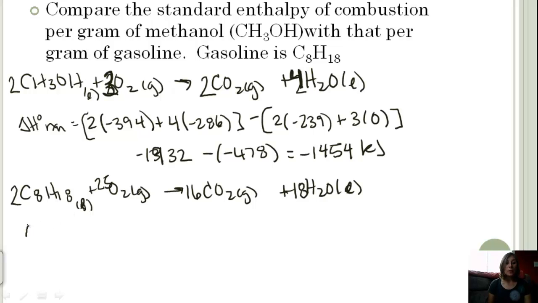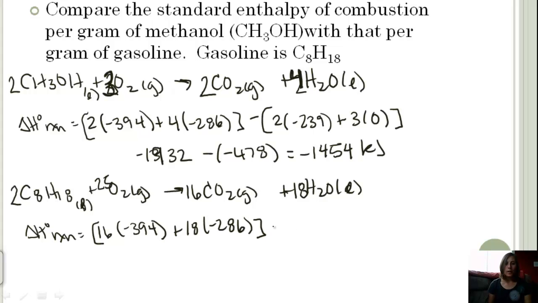Okay, same process. Start with my products. So I've got 16 times CO2, which just like before was negative 394, plus 18 times water as a liquid, negative 286. Subtract my reactants.